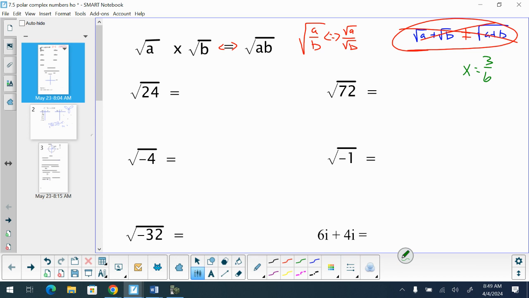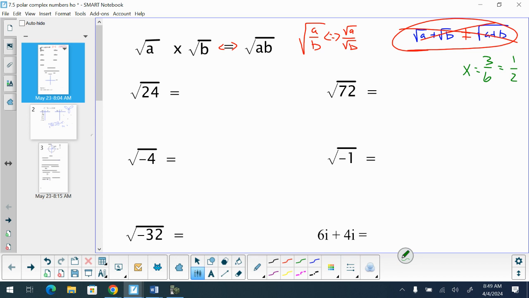Leaving a fraction as 3 over 6 is not very proper. We should reduce that down to 1/2.